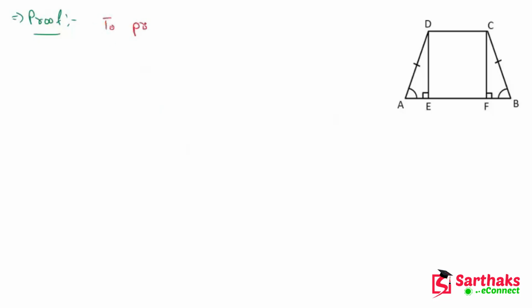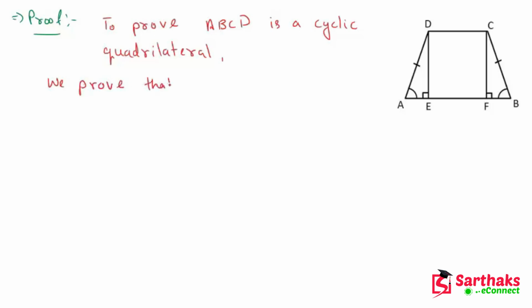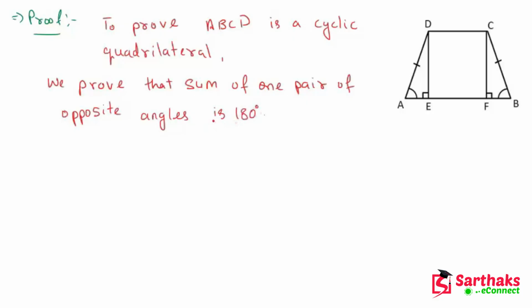So here we can write, to prove ABCD is a cyclic quadrilateral, we prove that the sum of one pair of opposite angles is 180 degrees, because we know that this is the property of cyclic quadrilaterals. I hope you understand these things.